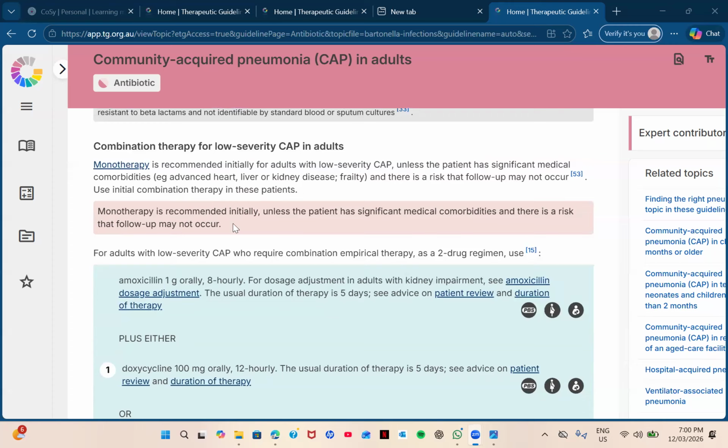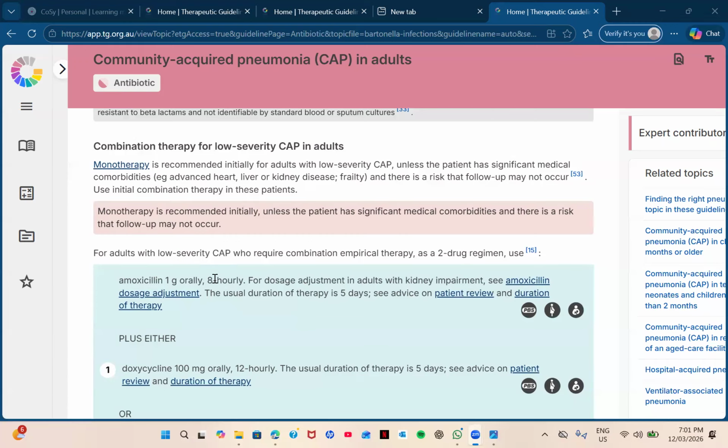If they ask for the initial treatment, this is monotherapy with amoxicillin. But if the patient presents with chronic diseases like heart, kidney or liver disease, we have to think about adding something else because these patients are very high risk.